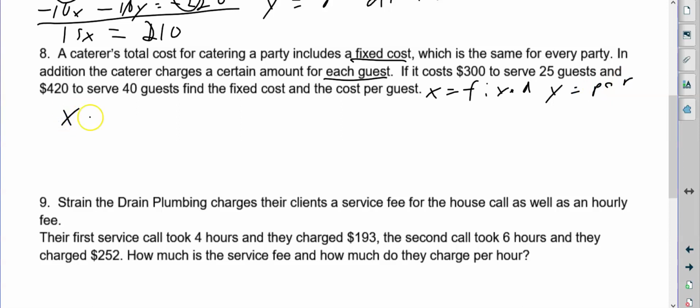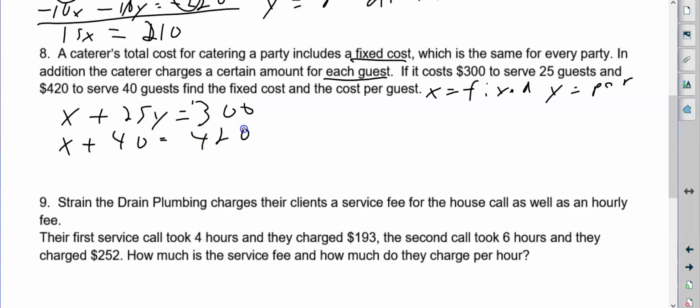So the fixed cost plus 25Y, because that's the cost per person, there's 25 people, is $300. And the fixed cost plus 40 people is $420.